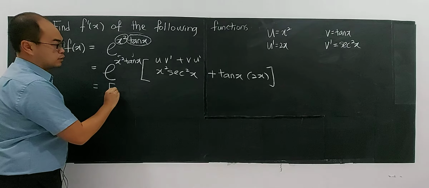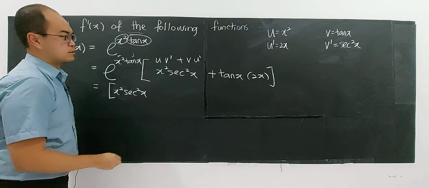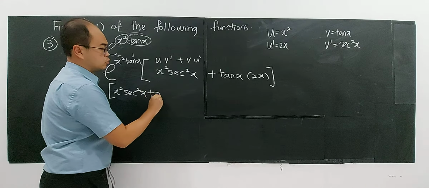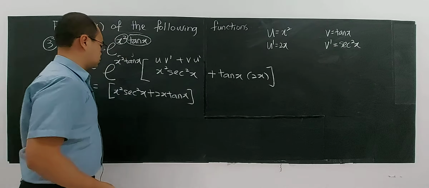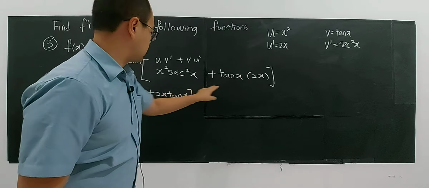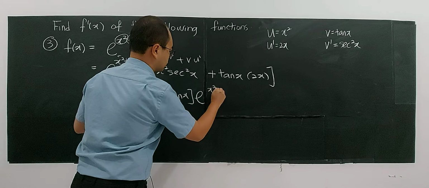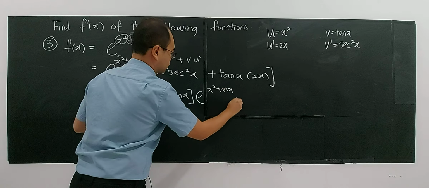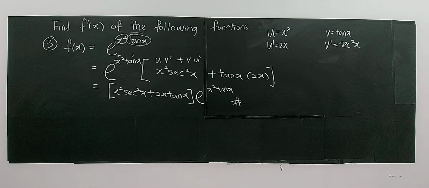So I have x square secant square x plus with 2x tangent x. So I just copy back everything: x square secant square x plus with 2x tangent x multiply with exponent of x square tangent x. Alright, this is how I solve this question.